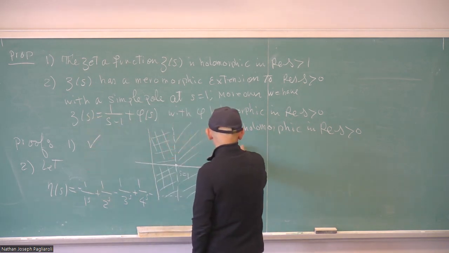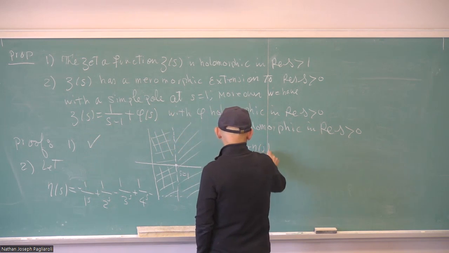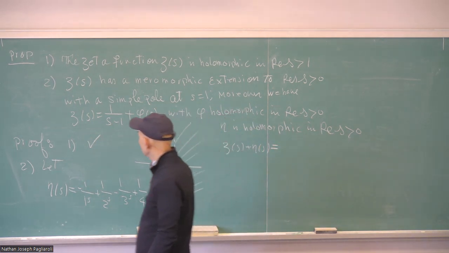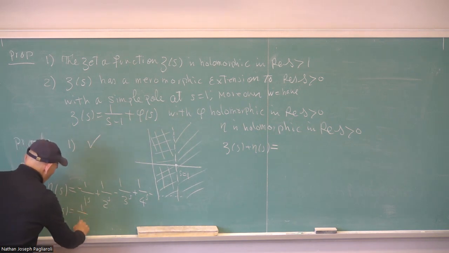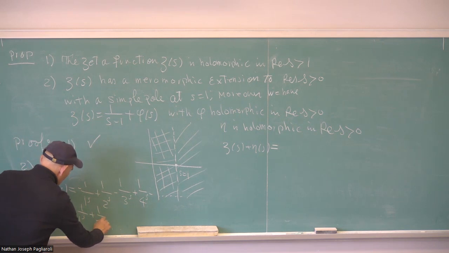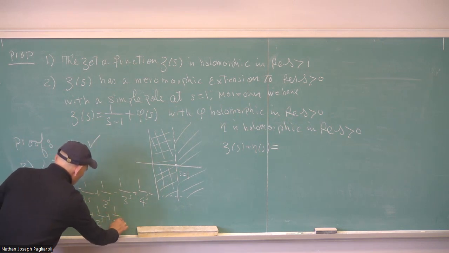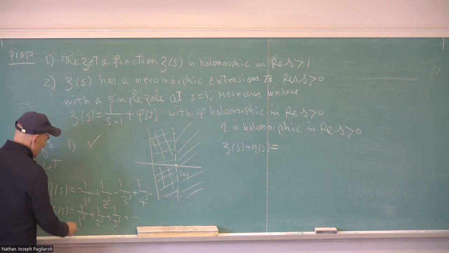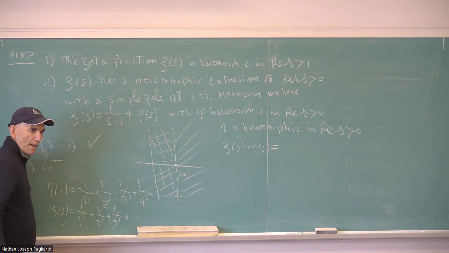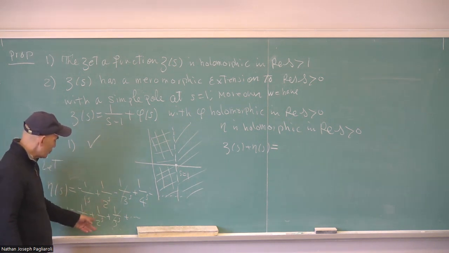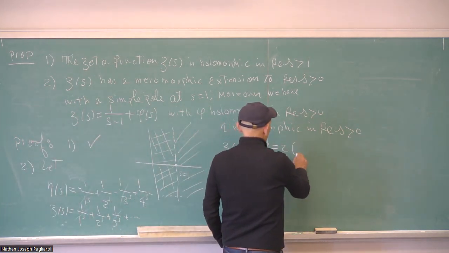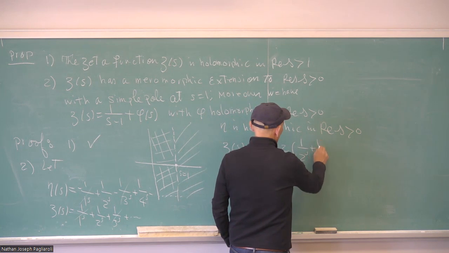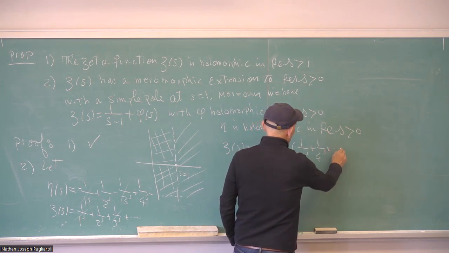So zeta of s plus eta of s. What do we get? This is zeta of s, 1 over 1 to the s plus 1 over 2 to the s plus 1 over 3 to the s. See, the odd terms cancel, and then we are left with 2 times the even terms: 2 times 1 over 2 to the s plus 1 over 4 to the s, and so on.